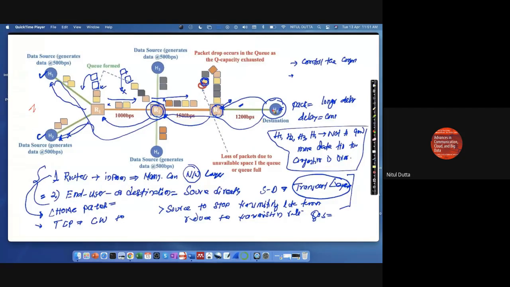There is no way for any intermediate device or any of the end users to know in advance. They cannot predict congestion. They can only detect congestion when it occurs, and by then the network has already suffered from it. R3 will come to know that packets are dropping, which implies that somewhere there is congestion, so it cannot move them forward.